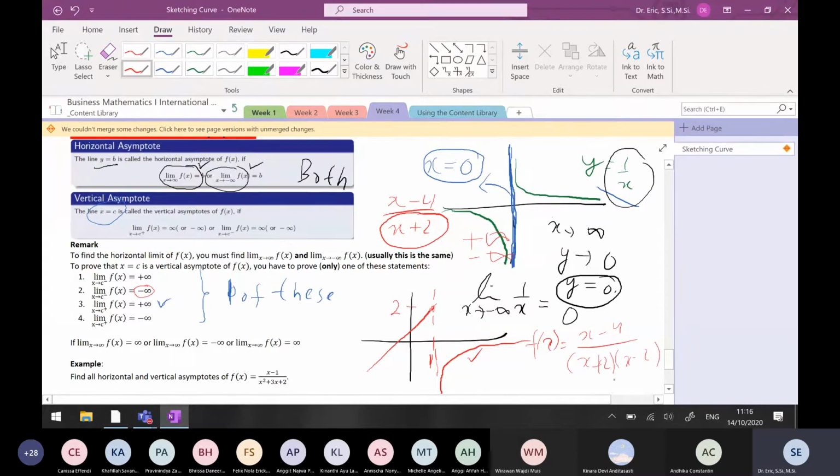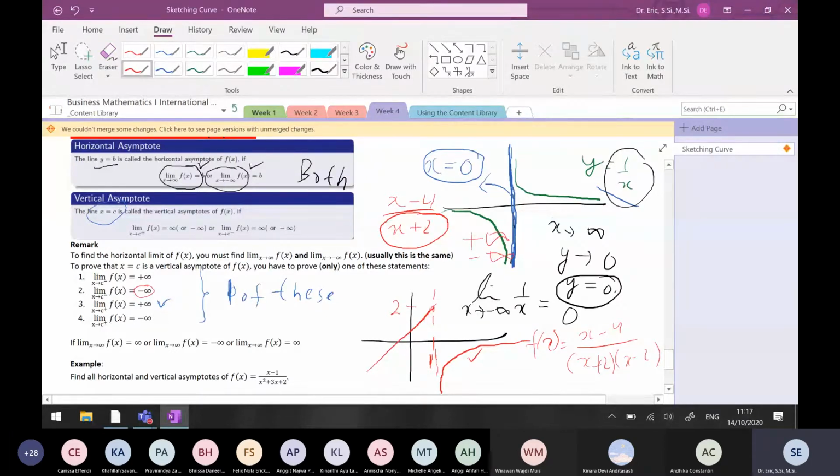You can prove it by proving one of these: that as x goes to 2 from the right or left it goes to plus or minus infinity, and as x goes to minus 2 from the plus or minus side, it will also go to plus or minus infinity.